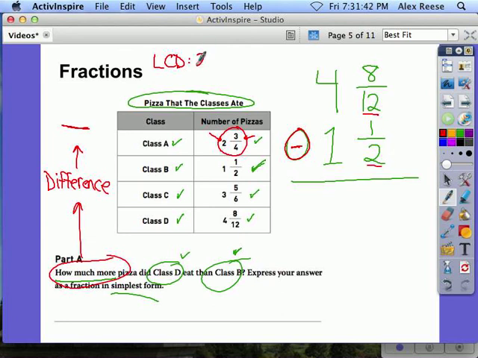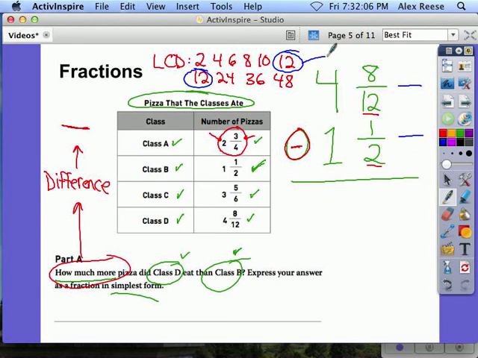I list multiples of 2: 2, 4, 6, 8, 10, 12. And I list multiples of 12: 12, 24, 36, 48. Just like you, I see that 12 is the common denominator that I'm going to use in this question. So I draw new fraction bars, and my new common denominator is going to go right here.